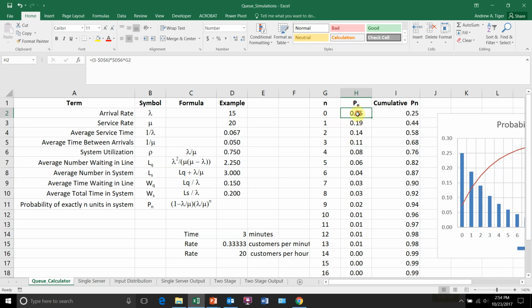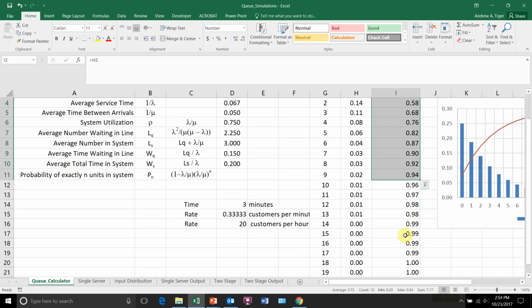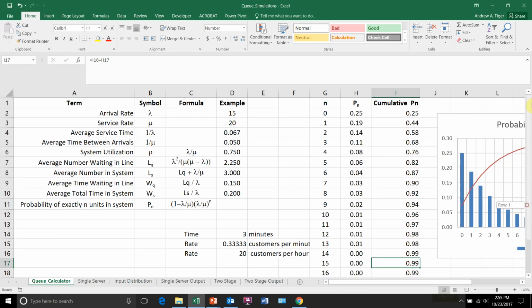And you can see as you total these out, and that's what I have over here, this is the cumulative, that rarely will I get more than 15 customers in my system. It's possible, but not very likely. The likelihood of getting anything over that would be 1 minus this number. But look what happens when I have a real busy system.